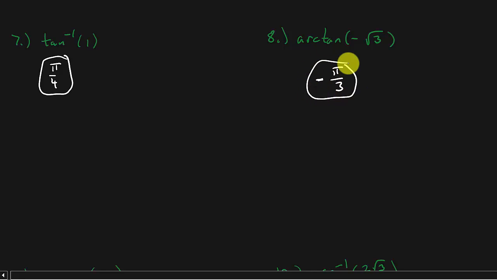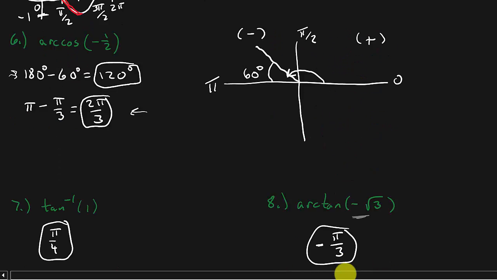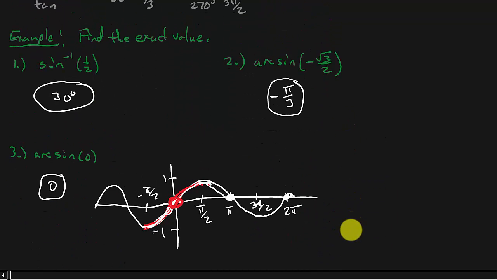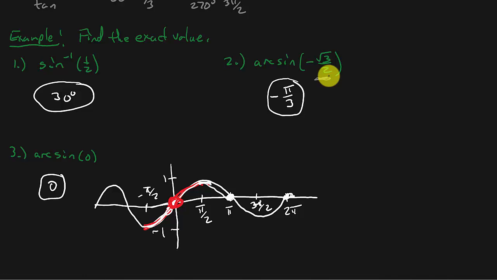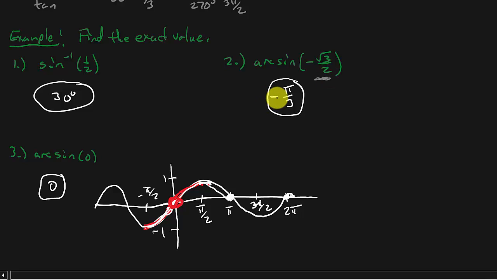So do you see how, when we did arctan of a negative and arcsine of a negative, we said, what's the arcsine or arctangent of the positive? And then we just put the negative in front. That was all it is. That's for arcsine and arctangent.